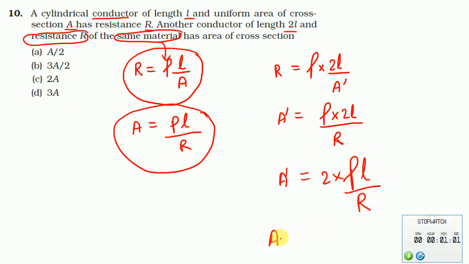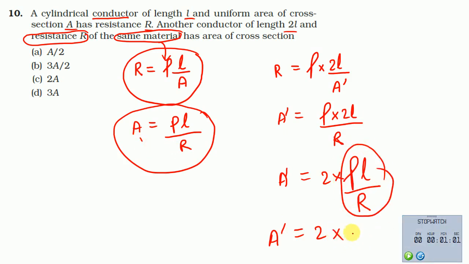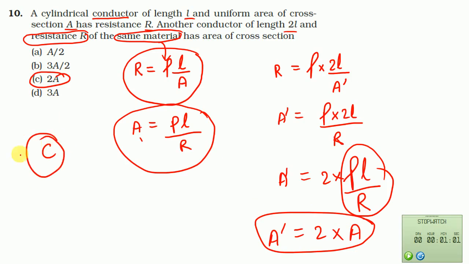It's a foolproof method of solving. So instead of rho L by R, can I write A? Obviously. A dash equals 2A. So the correct option is C. Two concepts are used. Firstly, the formula for resistance, R equals rho L by A, and secondly, because the material is the same, resistivity is the same. So is it clear?